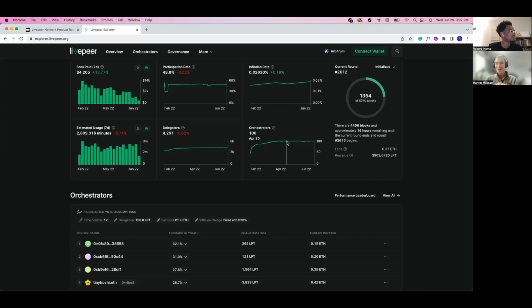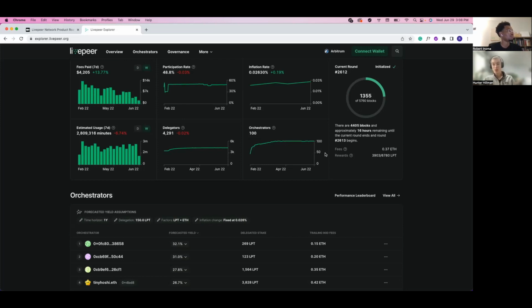Orchestrators, so this chart actually looks pretty interesting. You notice the dip at the very beginning. That's right around when we transitioned from Ethereum mainnet to Arbitrum One. And so that's the cause of that dip here. If you were to zoom back a little bit farther, you'd actually see it up at 100 and then dipping down to around 20 on the first day after migration, and then rapidly increasing after.